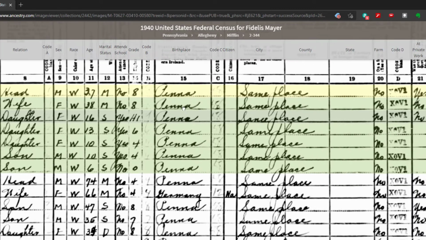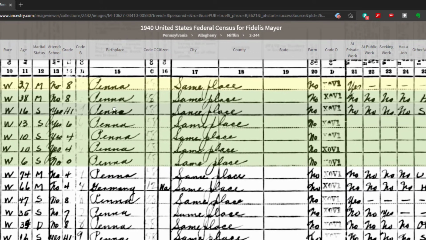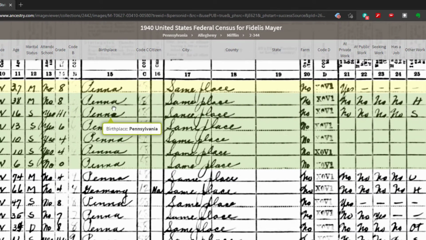Okay, let's go over here to column 15. This asks where the person was born. It just needs the state, territory, or possession, it says in the description up above. And it says that for foreign-born, give the country in which the birthplace was situated on January 1st, 1937.